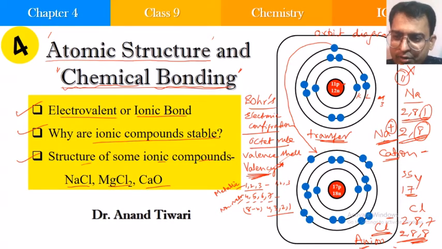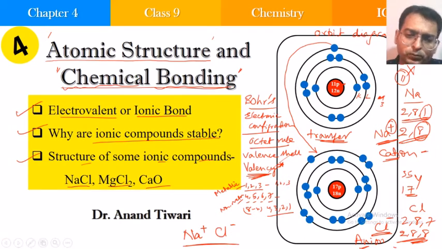These two ions, Na plus and Cl minus, sodium and chloride, will attract each other, correct? Because they have opposite charges, they will attract each other. So then they form what we call an ionic compound.